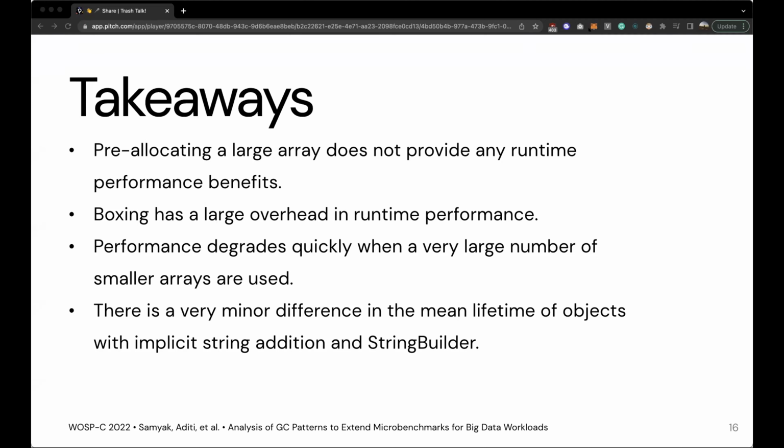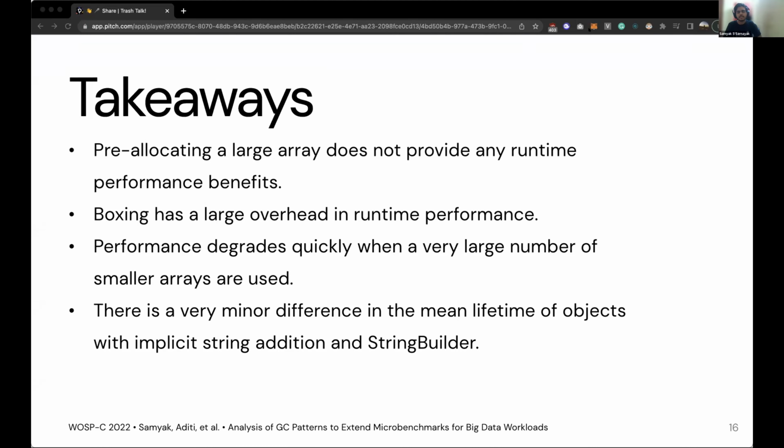They can see, okay, let's monitor how large versus small arrays are doing, how boxing is doing. So these provide guidelines as well as a basis on which to think of when testing or benchmarking.